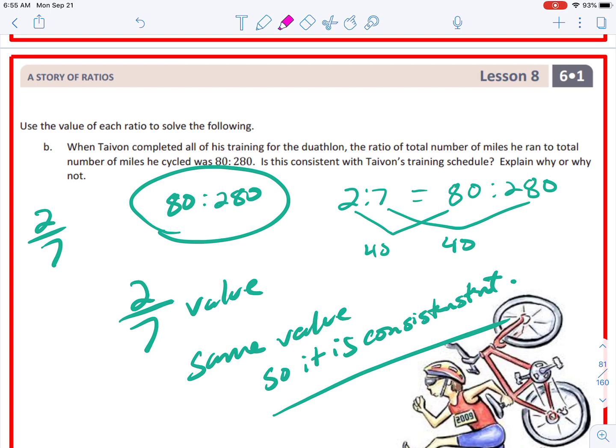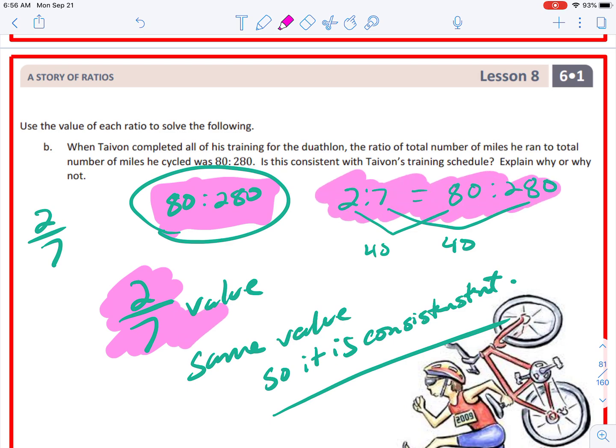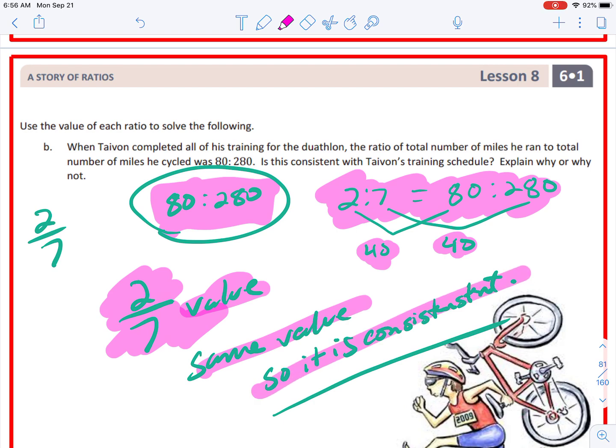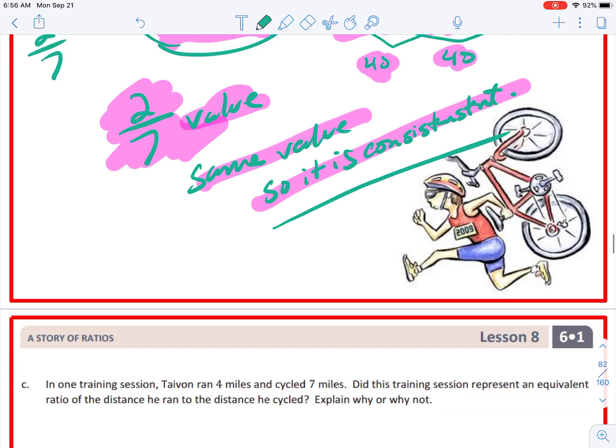They asked if his training schedule was still consistent because after a while of training, his ratio turned to 80 to 280. Well, just because it has bigger numbers, it still had the same value of 2 to 7. We figured it out here. All we did was multiply by 40. It had the same value, which means that his training is still consistent to the value. Let's move on.